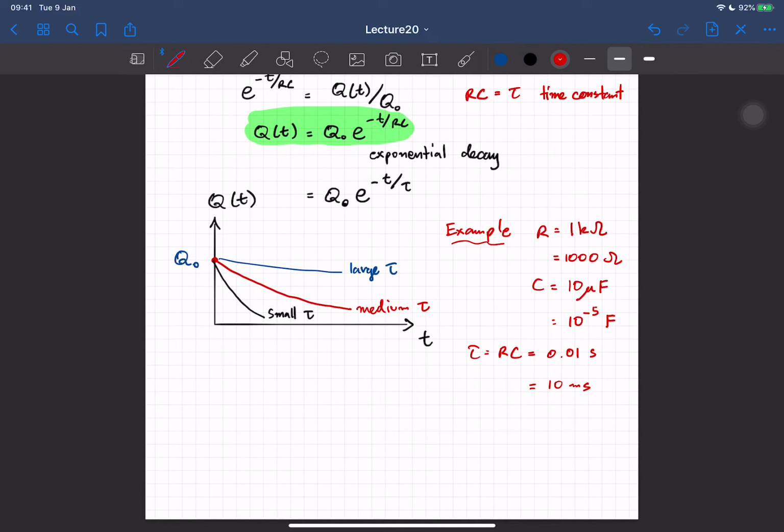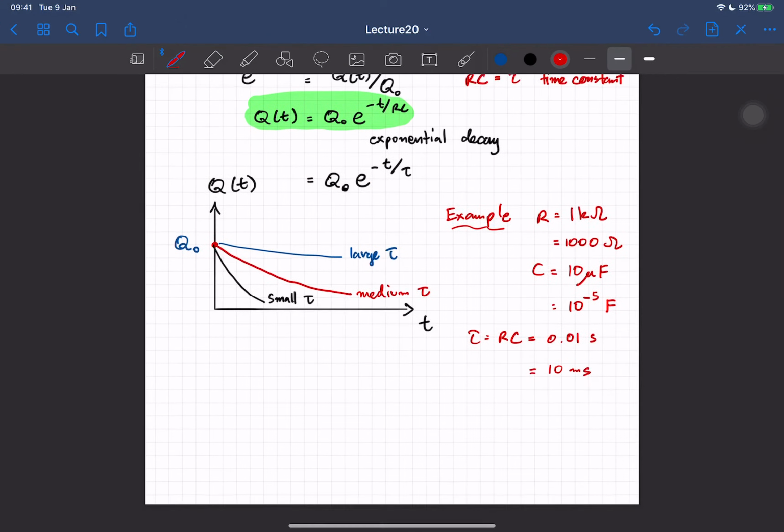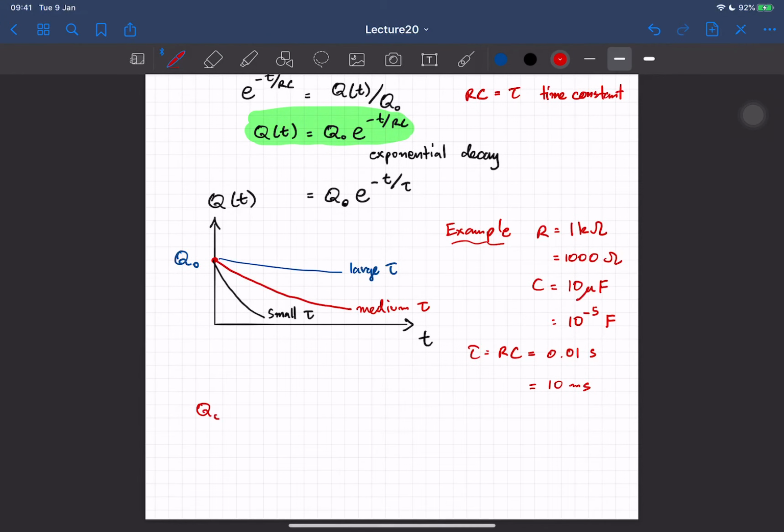This time constant tells you how long you have to wait until the charge disappears from the capacitor. For example, if we have Q0, the initial charge, to be 10 microcoulomb, what is the charge at 10 milliseconds?